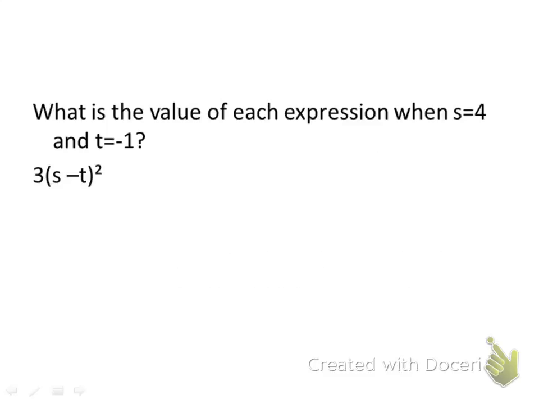Alright, so you don't need to write down the big long sentence. The important parts are that S equals 4 and T equals -1. So you can put that in your notes. Alright, so I'm going to rewrite what I see exactly as it is.